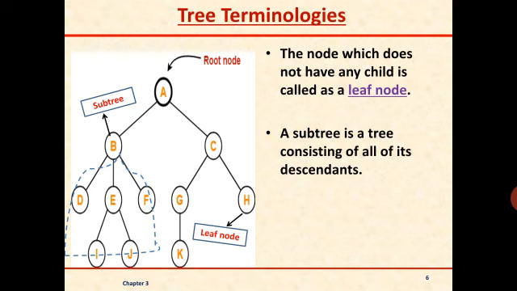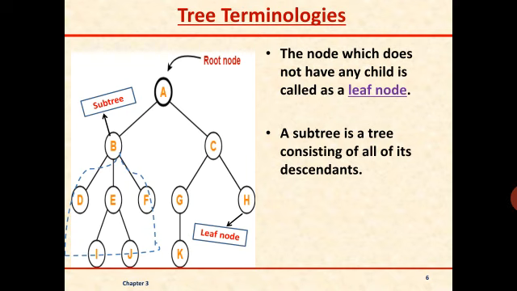Then what is a subtree? A subtree means a tree consisting of all of its descendants. Here we can call B a subtree because it has all its descendants, D, E, F, I, J. All of them are its descendants.